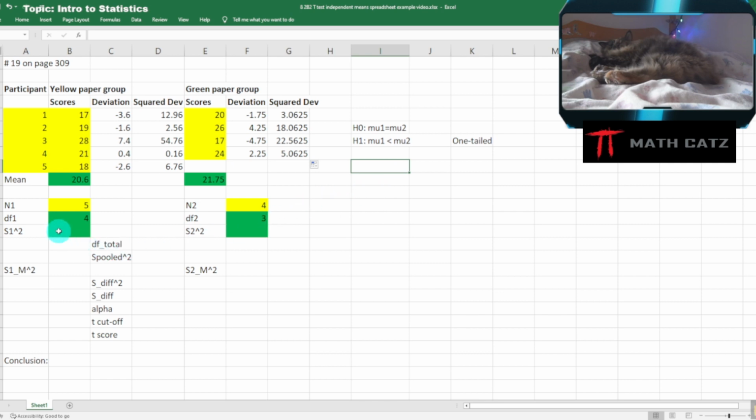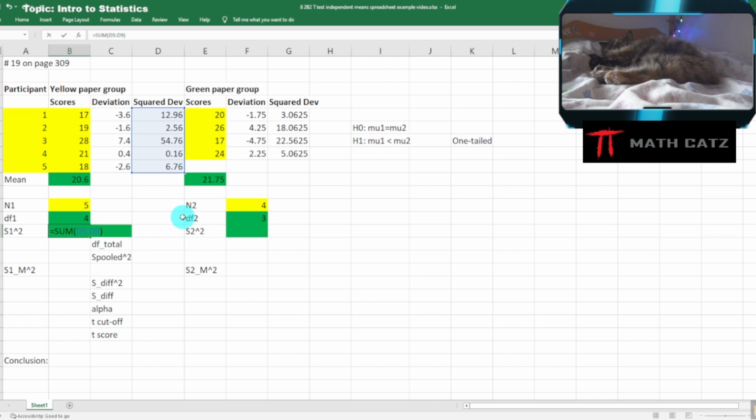So now I want to calculate the estimate of the variance rather for each of these populations from the sample. So that will be adding the square deviations. So to add, I'm going to sum up all the square deviations.